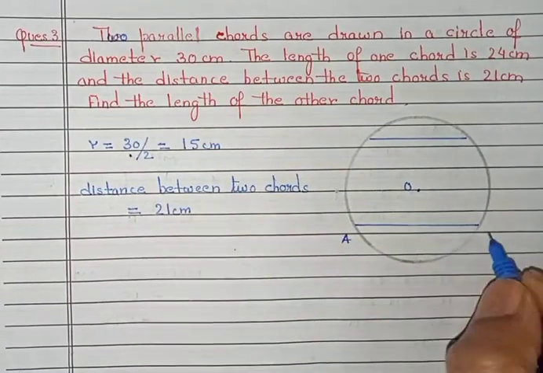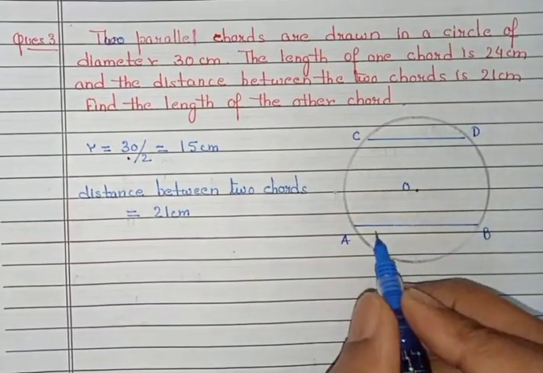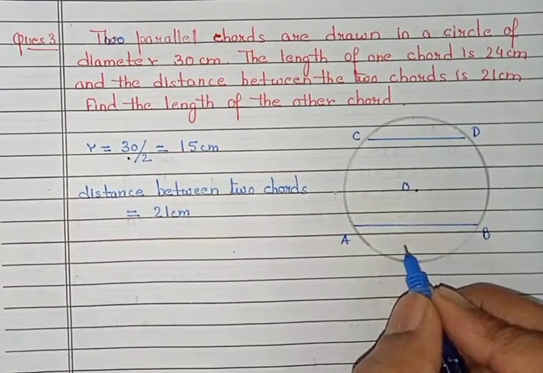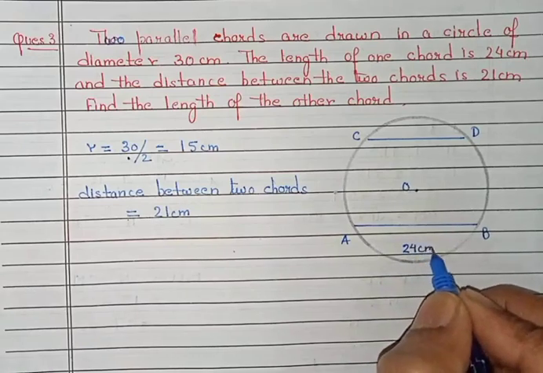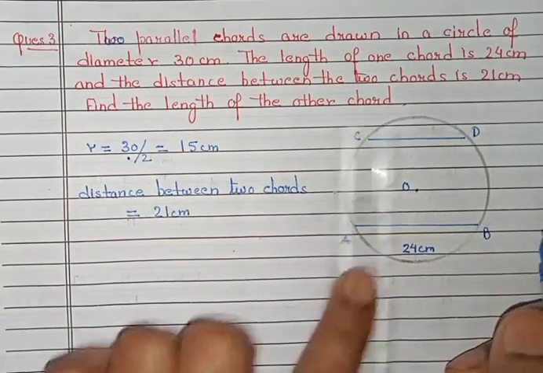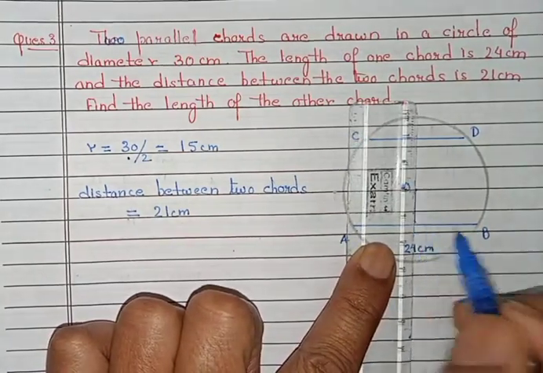One chord AB, the other chord CD. Length of one chord is known to us, it is 24, and we need to calculate the length of second chord. Now what we will do, we will draw perpendicular on the two chords from the center.